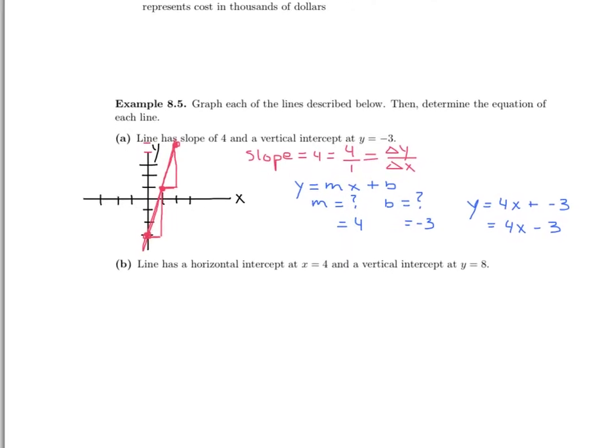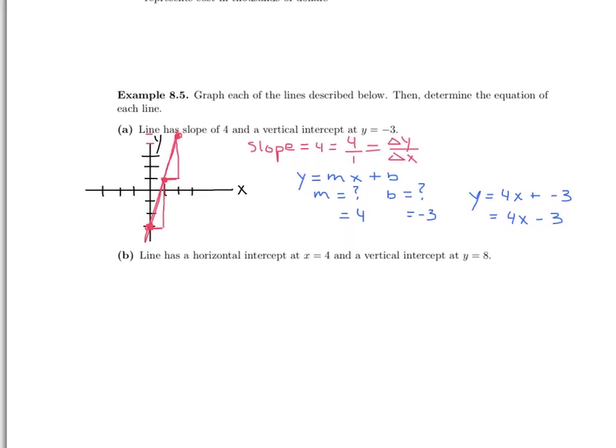Now let's go ahead and look at part B. This line has a horizontal intercept at x equals 4, and it has a vertical intercept at y equals 8.